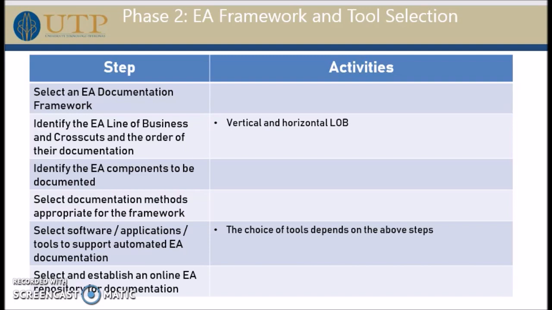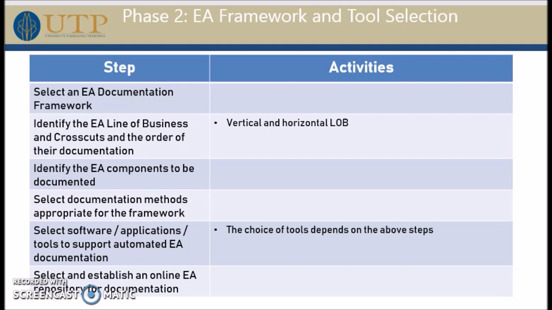And of course, when you have drawn all these models, when you have documented all these levels, you need to store it somewhere so that other team members can access it. Therefore, the last step is about selecting and establishing an online EA repository for documentation.